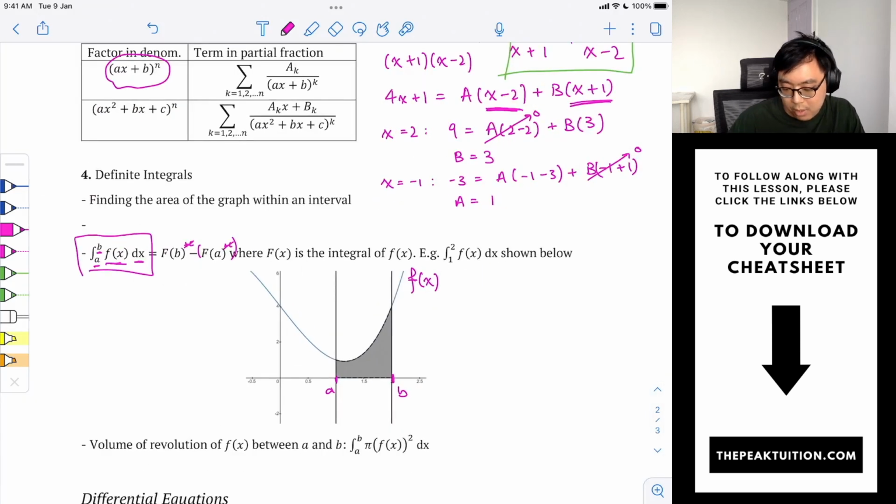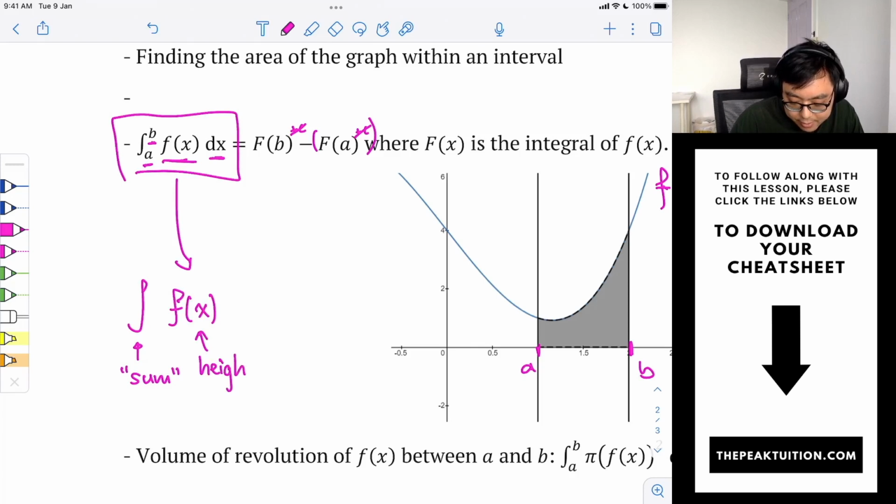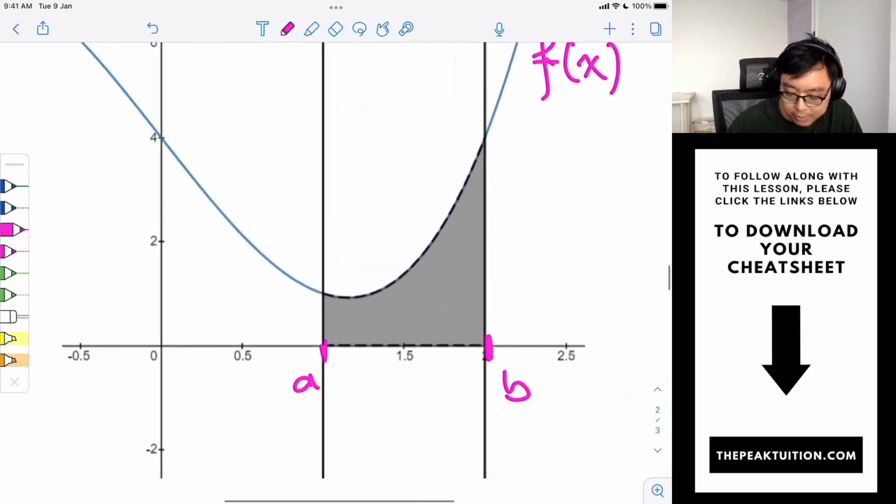Okay, so one way to think about what this integration means is that we can think of this integral as a sum, and f(x) as a height, and dx as a width. Okay, why do I say these are height and width? We look at here. We want to find the area under the graph, right?